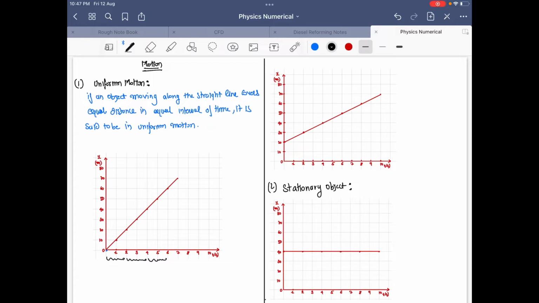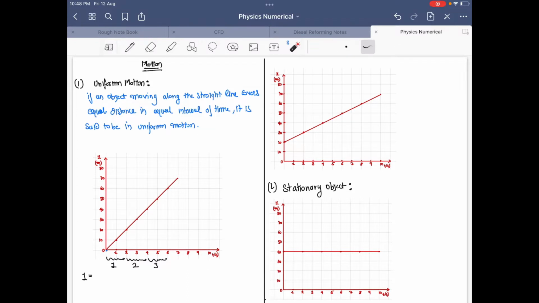Now we will find how much distance the object covers in each interval, that is, every 2 seconds. For the first interval, how much distance has it covered?